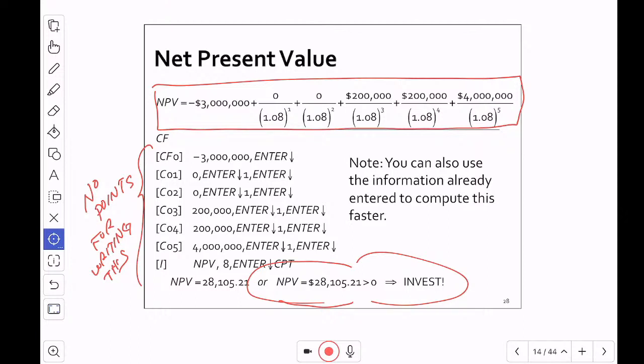So that's the asset value to me today. It's worth it, so yes, I should invest if I buy it. Okay, so try that. Make sure you can enter that, and we'll get on to the next one.